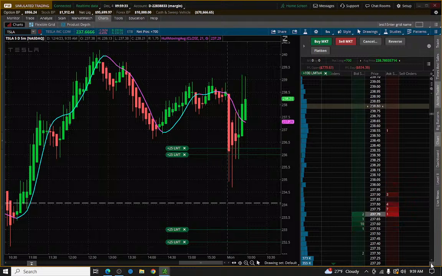Consolidation is huge. Now, support and resistance areas are good, but they require mostly a retest for you to get into them, okay? And you don't always get that. If you learn your supply and demand zones, you don't need a retest.